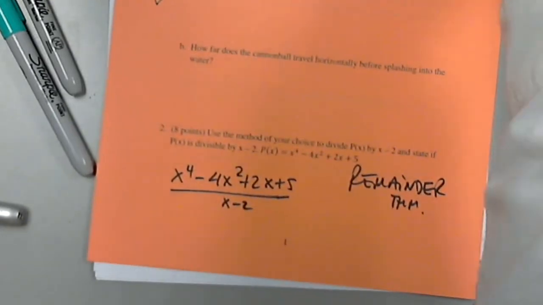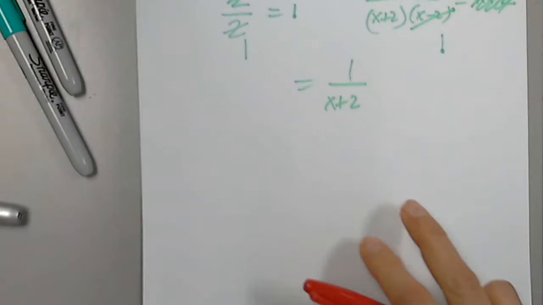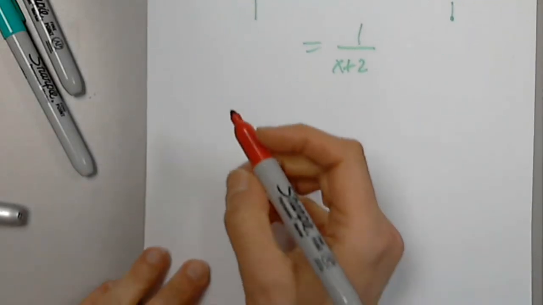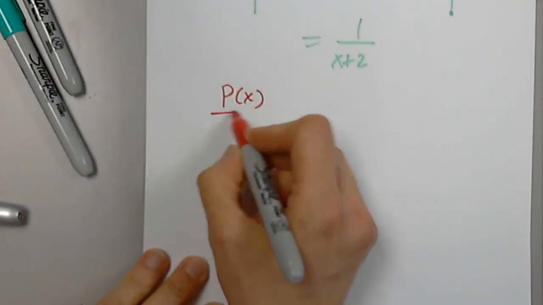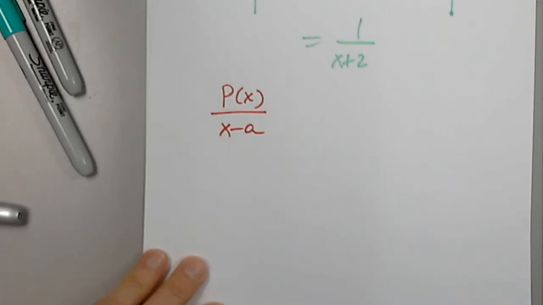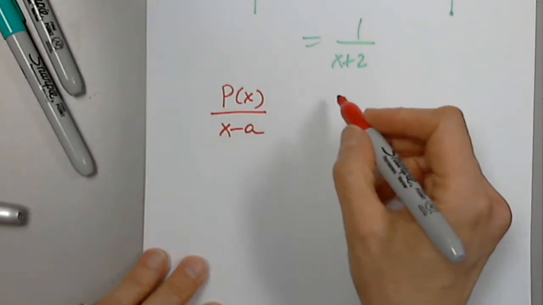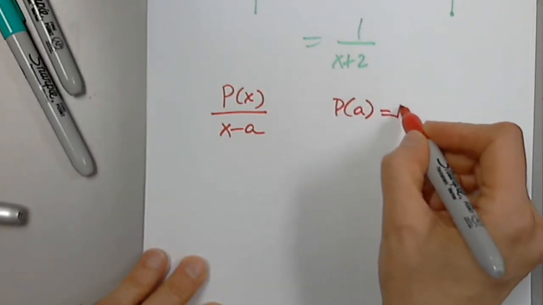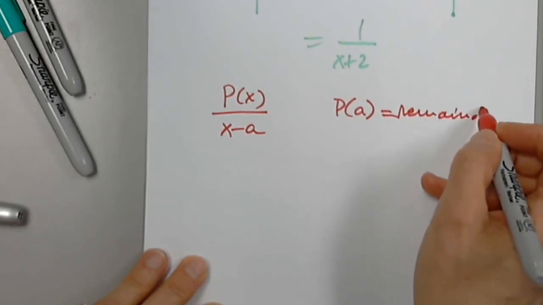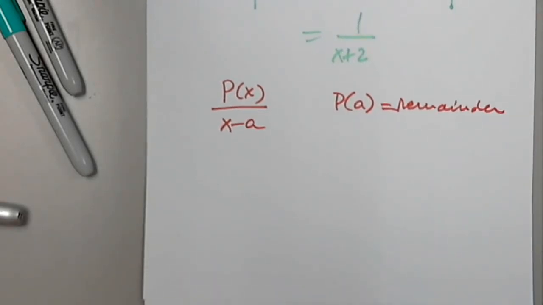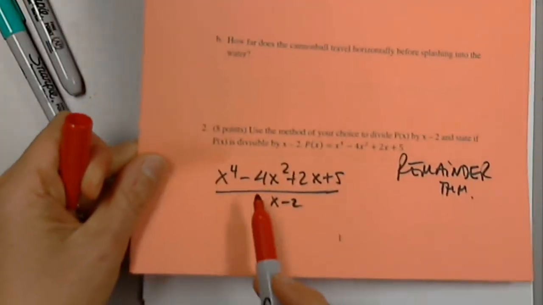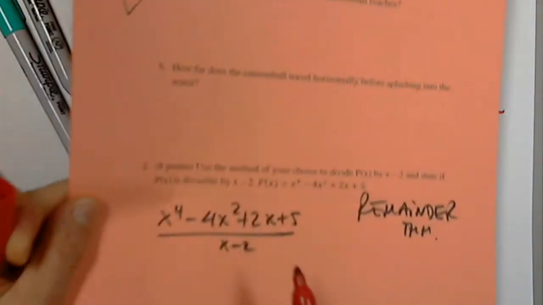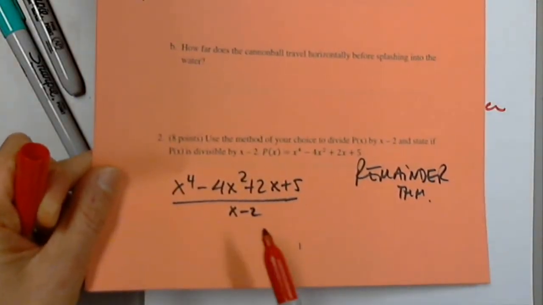Let me refresh your memory on the remainder theorem. If we have P of x divided by x minus a, which is the case we have, P of a will be the remainder. P is x to the fourth minus 4x squared plus 2x plus 5, and the denominator is x minus 2, or x minus a.